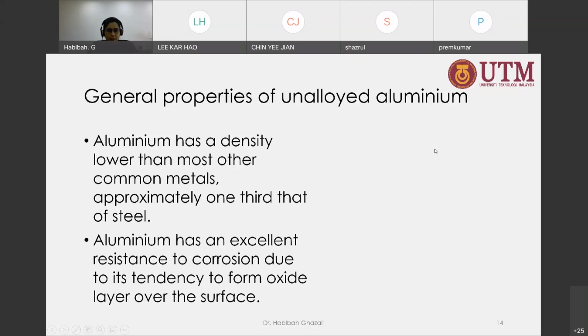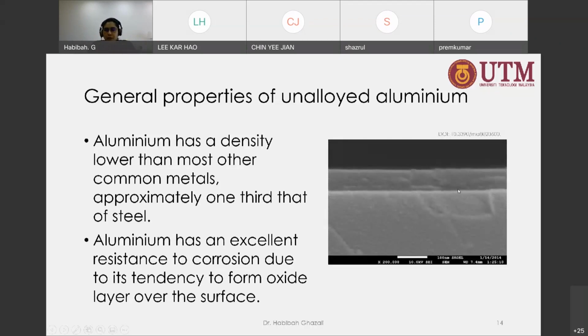Another property is that it has excellent resistance to corrosion due to its tendency to form oxide on its outer layer. So this is the scanning electron microscope image of aluminum with the oxide layer formed on top of it. So the base here is aluminum alloy.